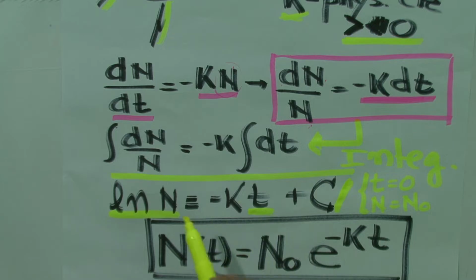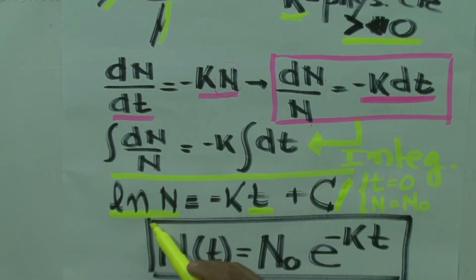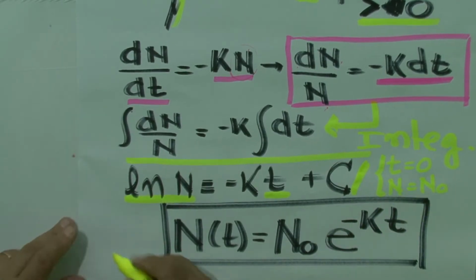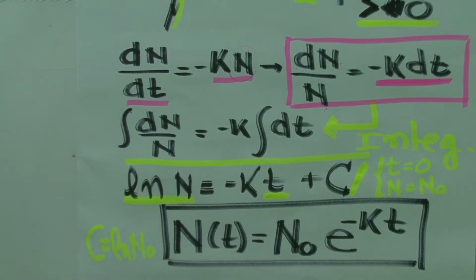And then I pass this logarithm here, it is a subtraction, and then becomes a division. Or I don't need to do that, I just keep the logarithm here, and then I invert the logarithm. So from these conditions, I obtain that c equals log n0. Right?